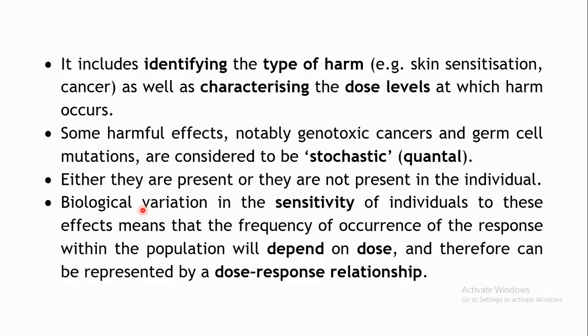There are chances of variations as far as the type of effect or the severity of effect produced by a particular chemical. That will depend upon the sensitivity, so this is a very important parameter. The frequency of occurrence of a particular response in a particular population will depend upon the dose.